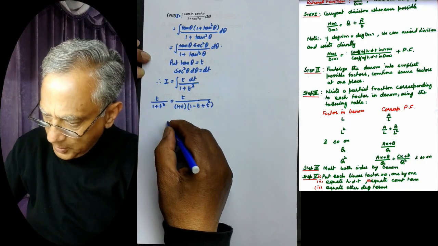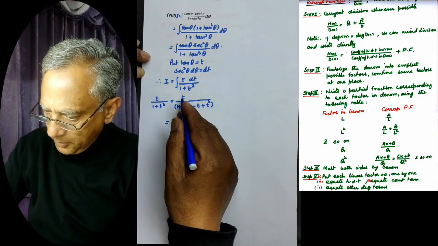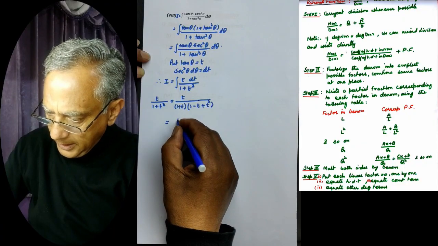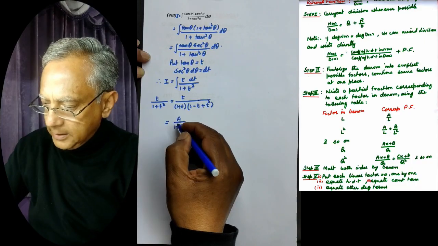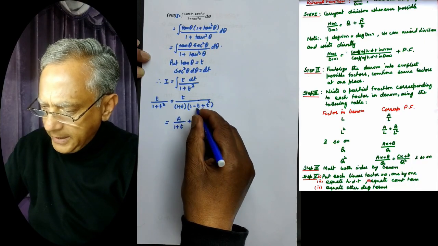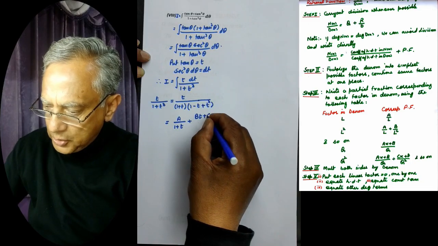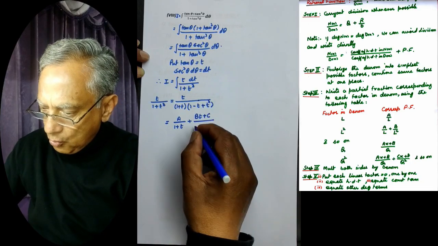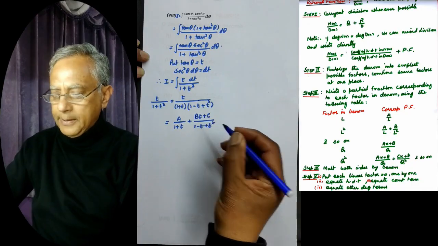And this can be written as partial fractions: a over 1 plus t corresponding to linear, and corresponding to this quadratic we will have bt plus c over 1 minus t plus t square.